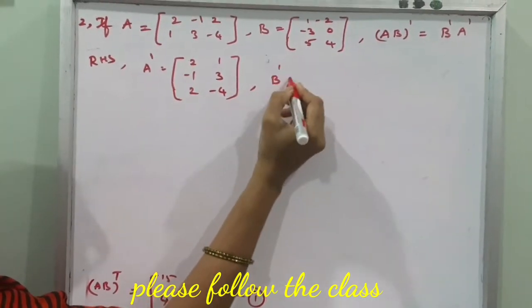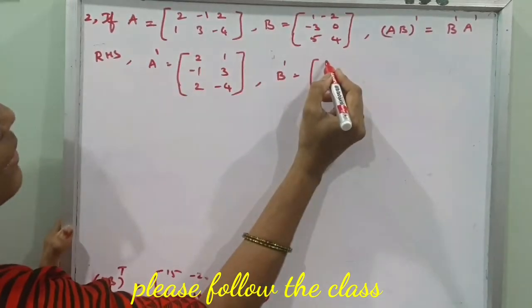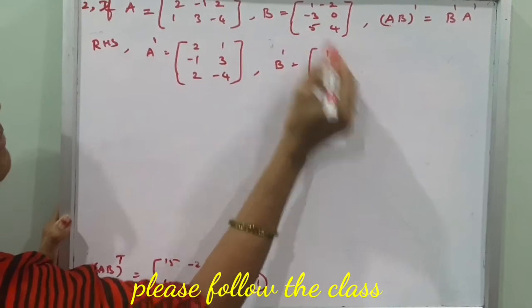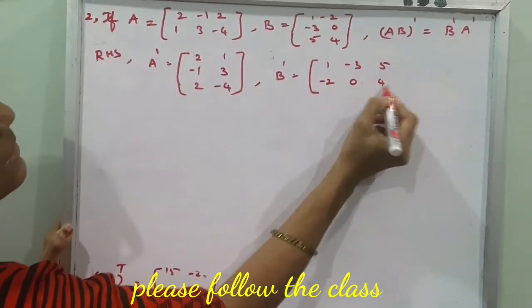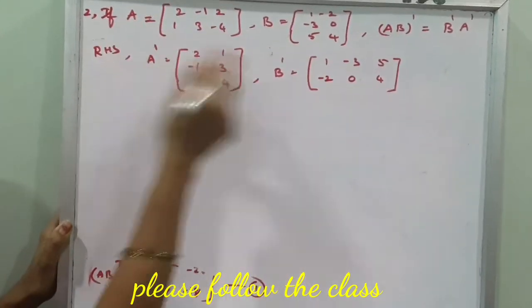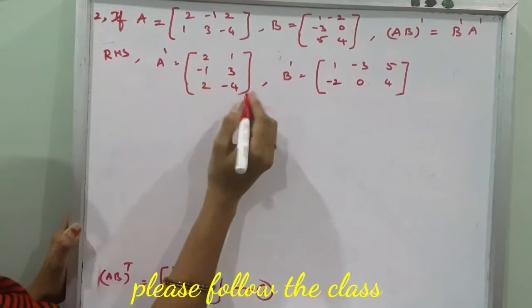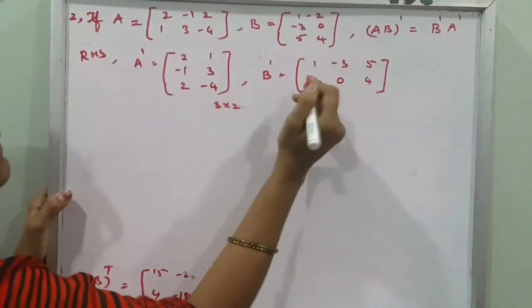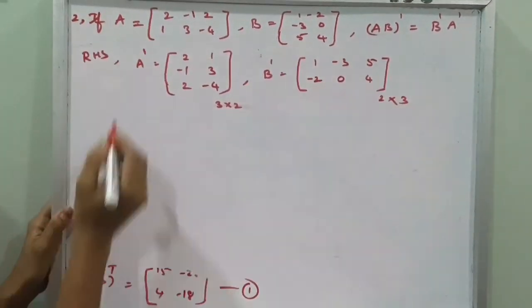From matrix B, B transpose or B dash: first row is 1 minus 2 in first column, minus 3 0, 5 4. Here A dash is a 3 by 2 matrix, and B dash is 2 cross 3.